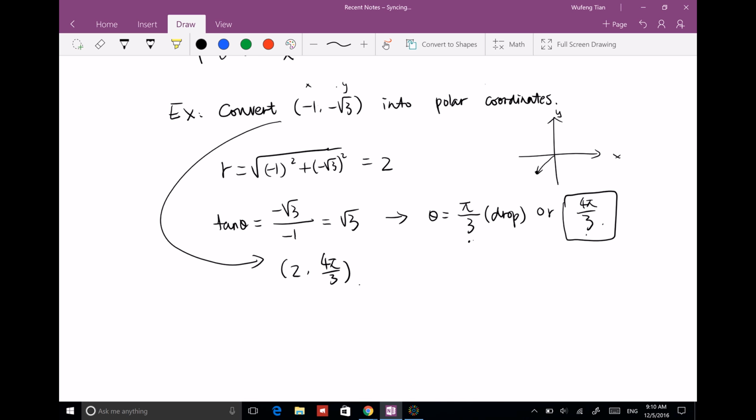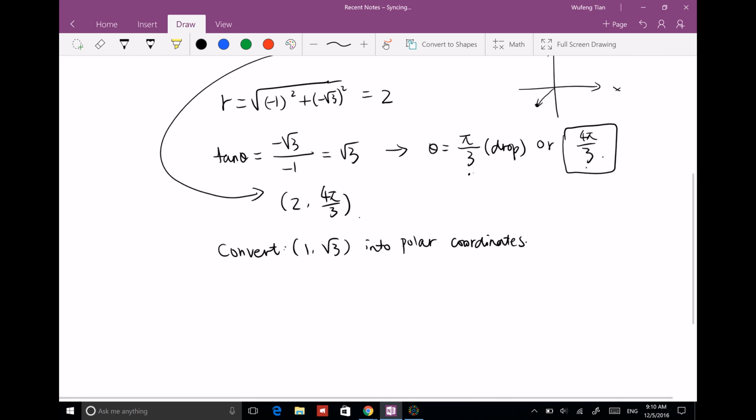Let's look at another one. Convert 1, square root of 3 into polar coordinates. I'll give you about 20 seconds to work on this one by yourself.